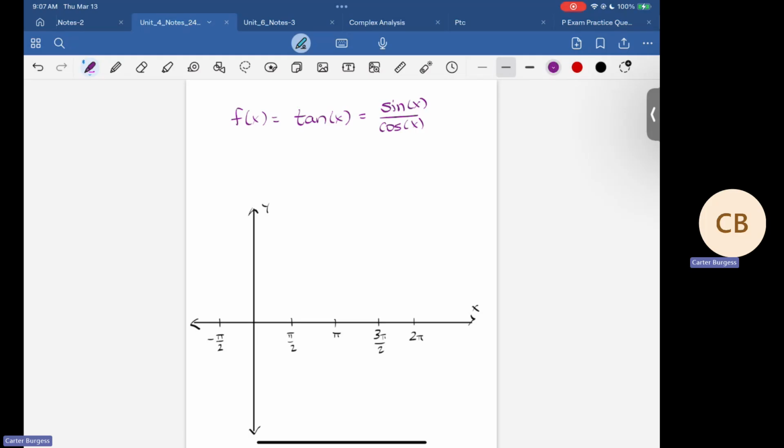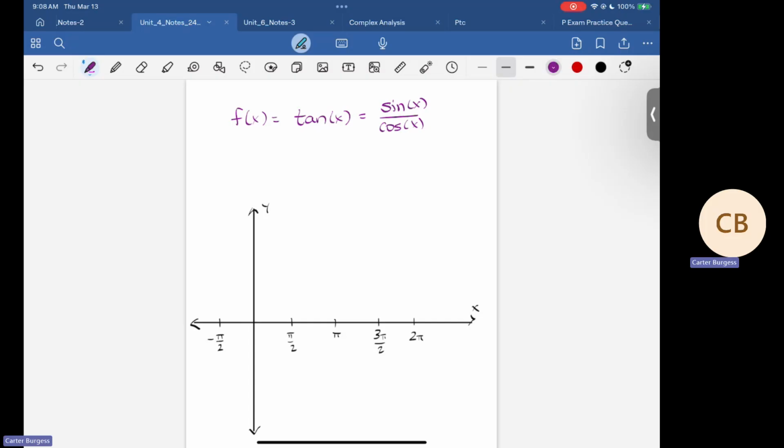In terms of thinking about features of this function, we had looked at domain and range for sine and cosine before. I'm a little bit less concerned with that here, but there are some things that I want to highlight. For instance, is the domain going to be quite as flexible as it was with sine or cosine, or do we have some domain issues that we might run into here?